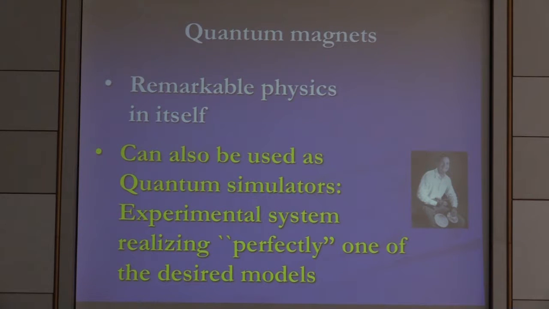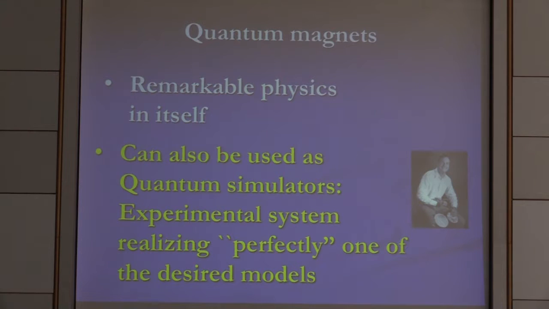And if you have such a system, then you just do the experiment, you measure, and you get the solution of your model, without having to do a numerical simulation or a complicated analytical theory. So people have been hunting for quantum simulators, and it's not so easy because usually the models that people take are, again, simple models with only short-range interactions and so on and so forth.